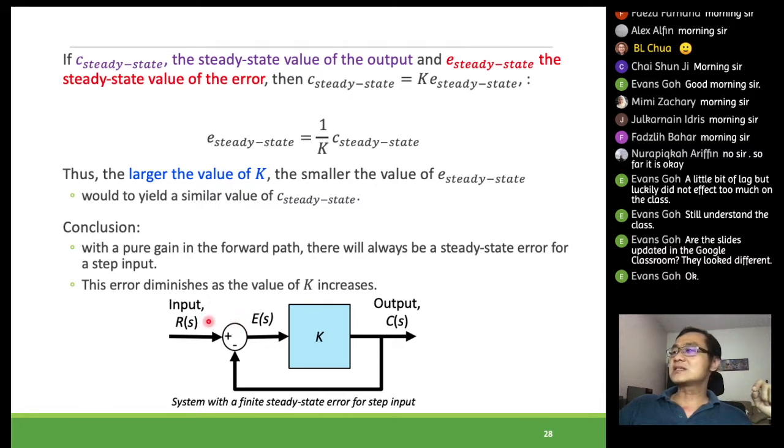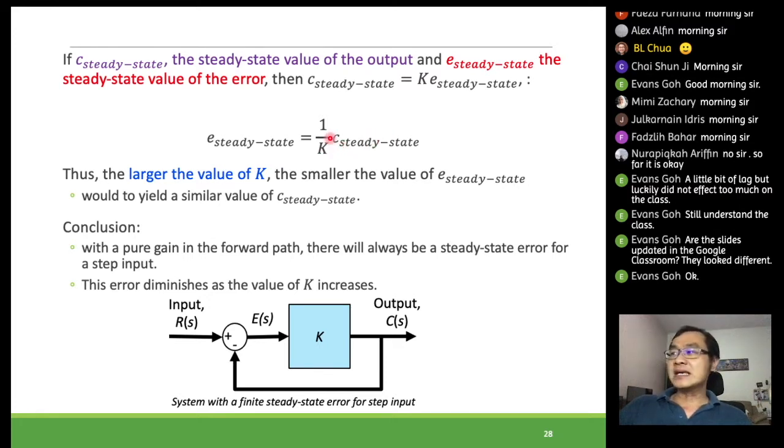Through this system, the output would be the gain multiplied by our error steady state, E steady state. If we rearrange this, we get this equation: error during steady state equals 1 over k of our steady state output, okay?